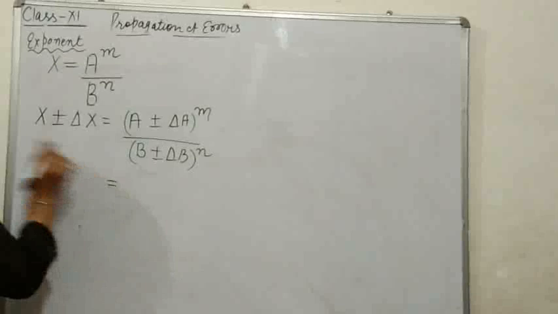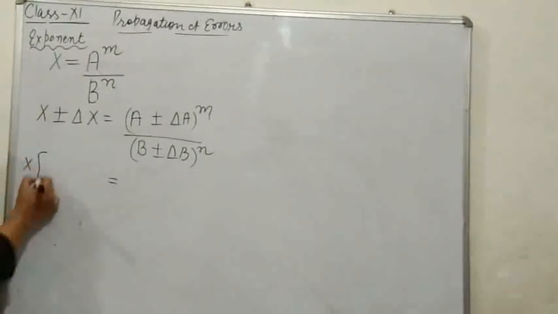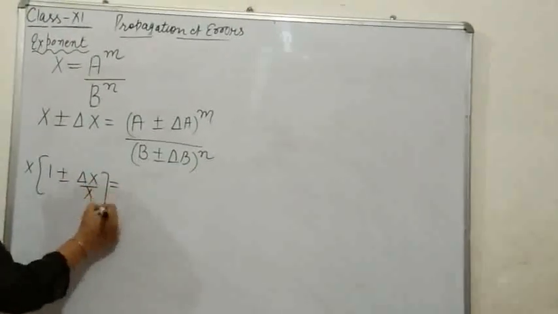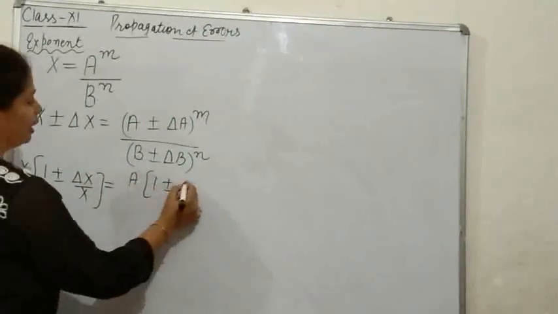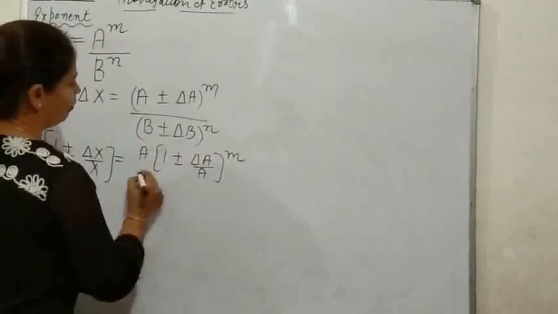Now as we did in the multiplication and division sections, taking x common out from the left hand side, it will be x times 1 plus minus delta x upon x. Taking a common out, 1 plus minus delta a upon a whole raised to the power m.